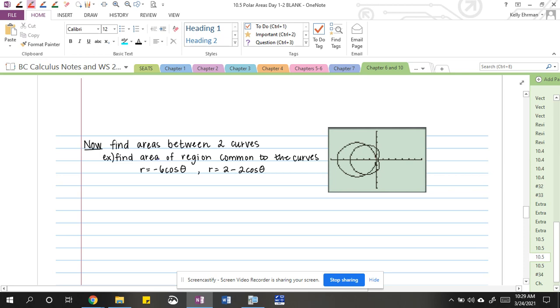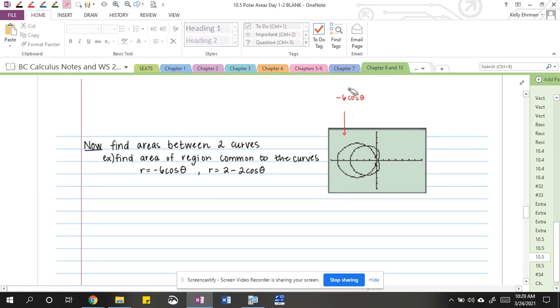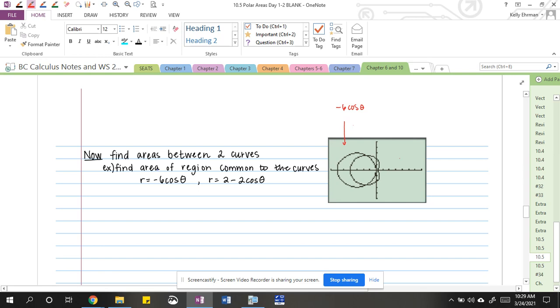So I can see this big outer circle here. The big outer circle, that is the -6 cosine of theta. So I'm going to make a note to myself. I'm going to call that the outer. Well, no, I don't want to call that the outer because outer switches depending on where you are. Okay, so then the other one is the 2 minus 2 cosine theta.